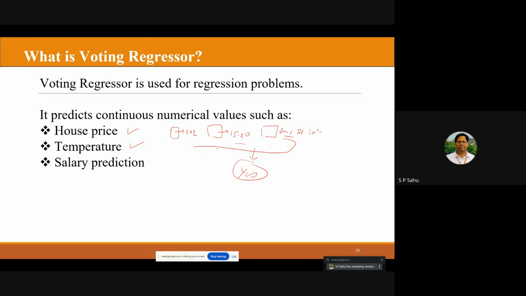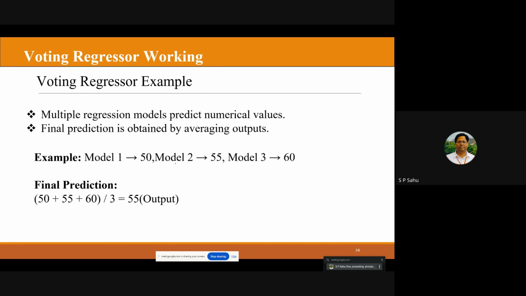So like this, multiple criteria or multiple attributes, and based on those ranges, the prediction will be made. Temperature or weather forecasting, rain prediction, and salary prediction as well, based on experience, age, and seniority. So for the voting regressor example, multiple regression models will predict a numerical value.